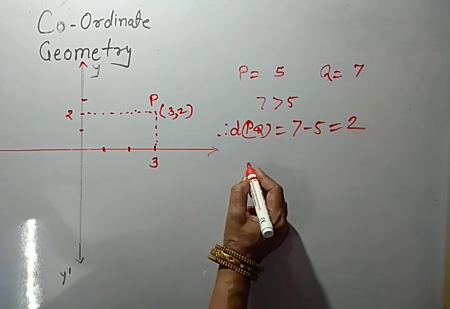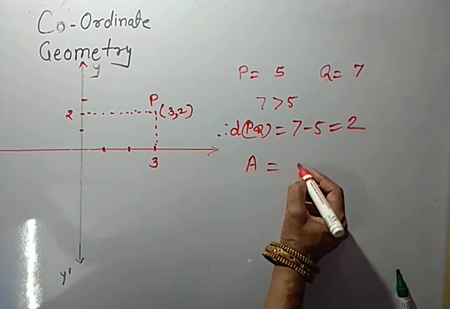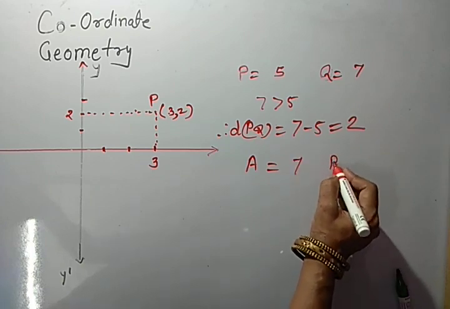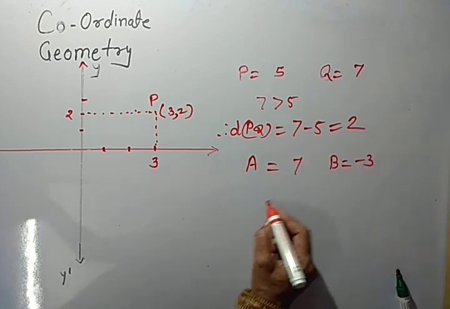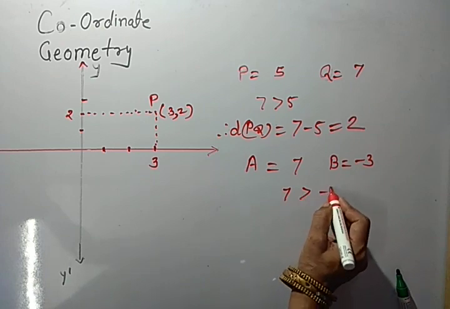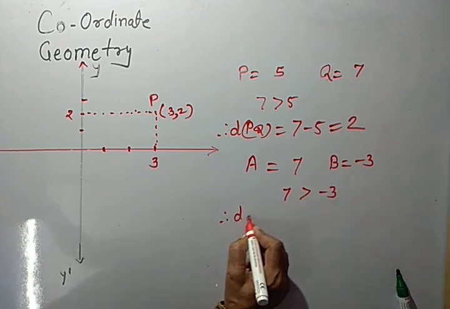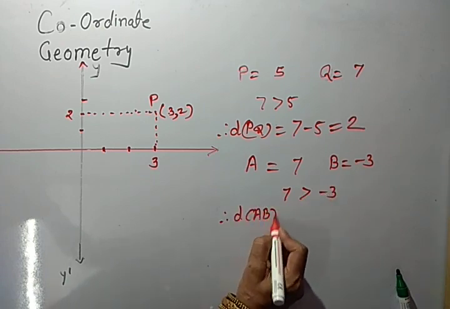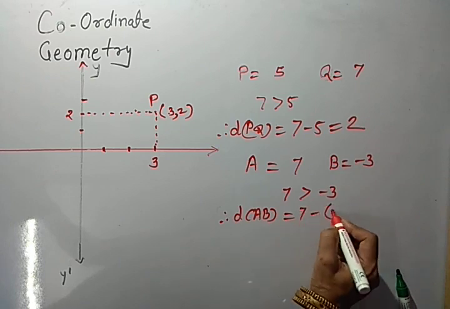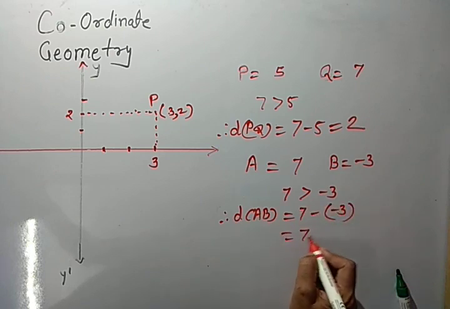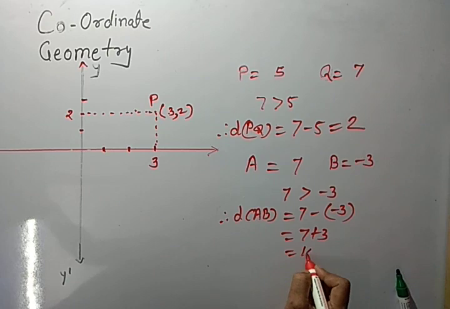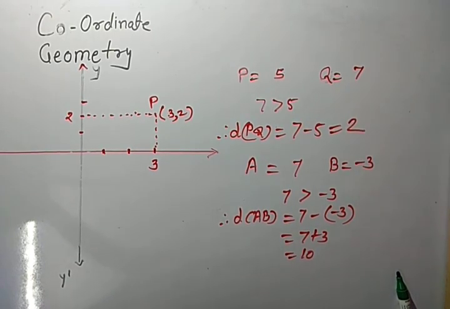Or if A = 7 and B = -3, here again 7 is greater than -3. Therefore, distance AB = 7 - (-3) = 7 + 3 = 10. This much we learned last year. Do you remember? Yes, all of you remember this.